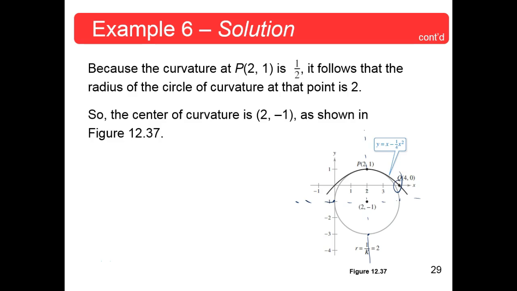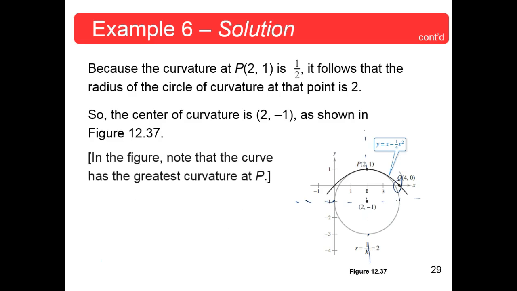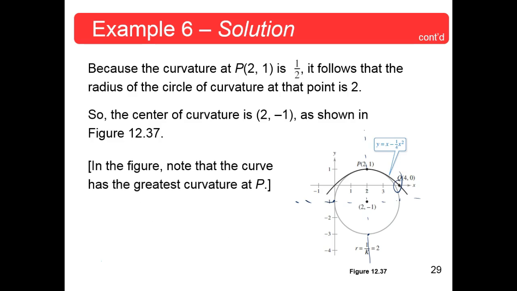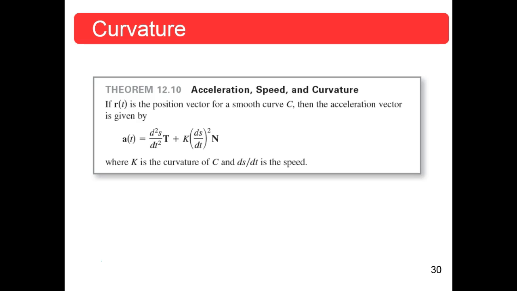That curve would have a huge circle of radius, meaning the curvature is much, much less. All right. I think that's all we had to do on that. And the figure notes the greatest curvature at P.